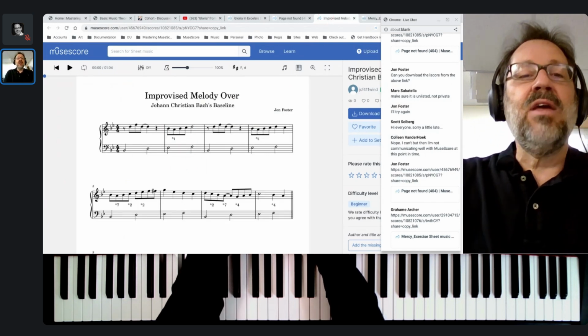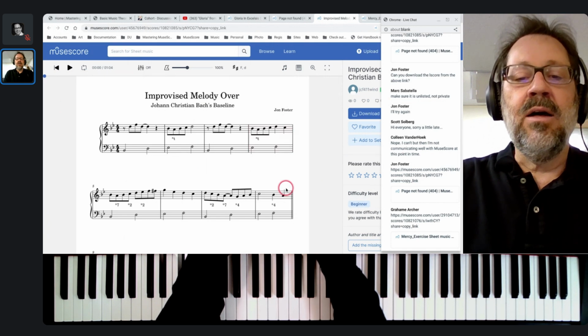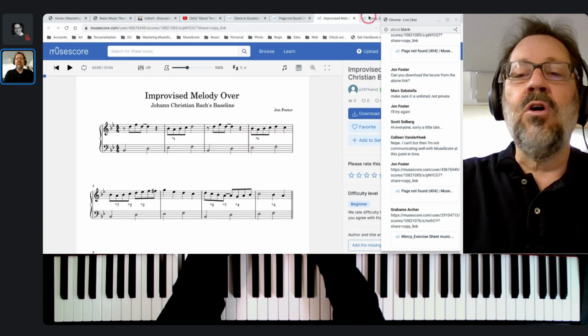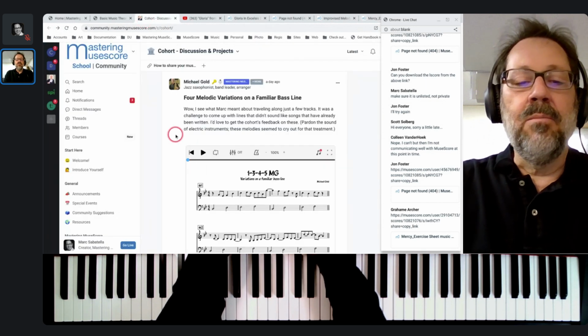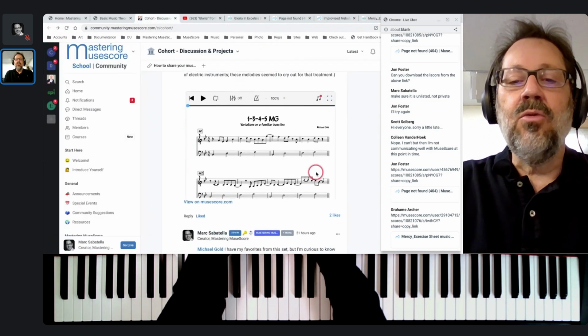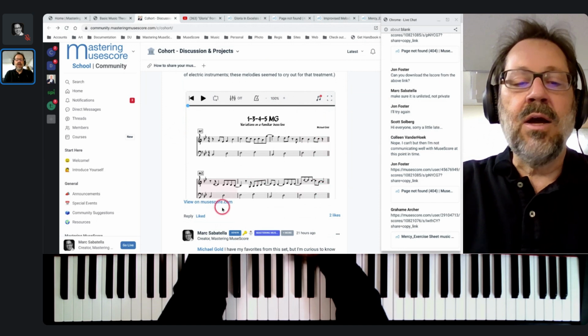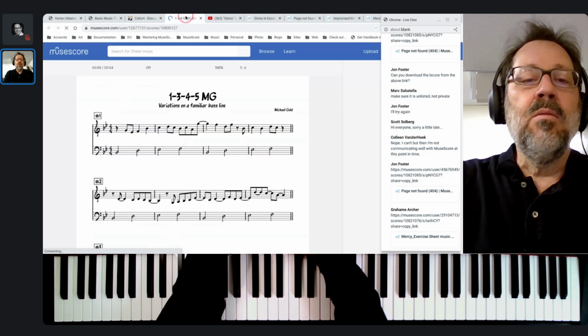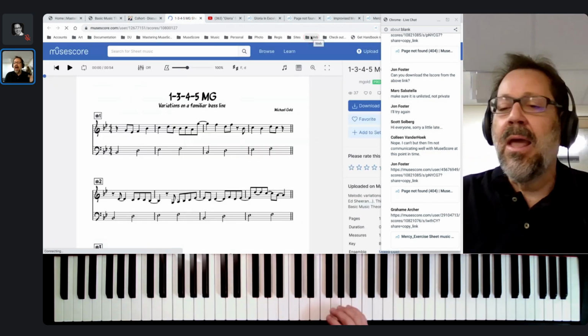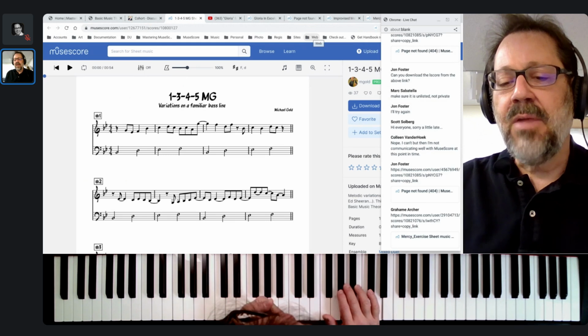Meanwhile, we managed to get up improvised melodies, and I have Michael's version also, which was working already for me, so I can talk about all of these. I'm going to make sure I have Michael's downloaded, or just viewed. I don't even need to download it. I want to play through some of these melodies, and we're going to talk about them.